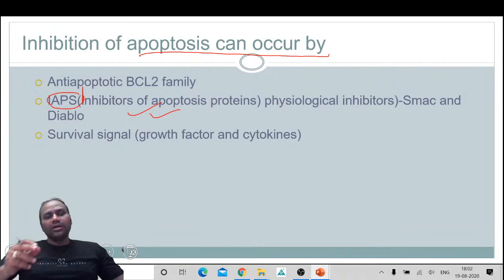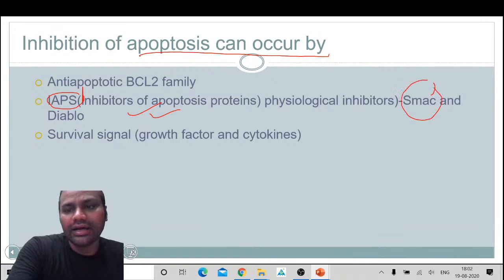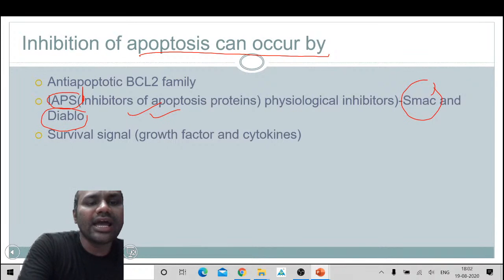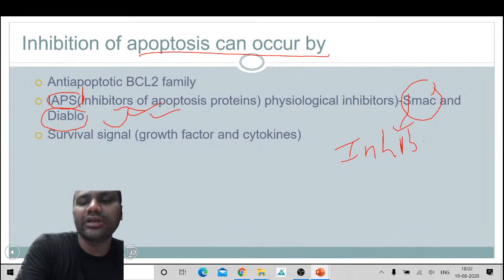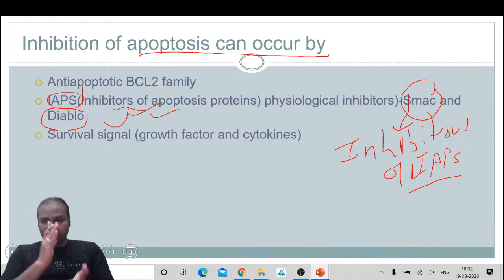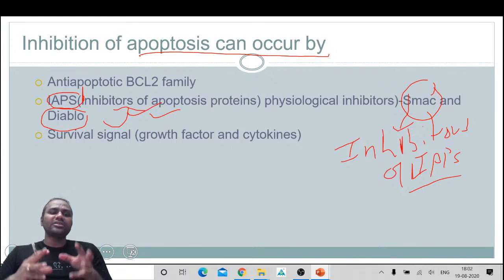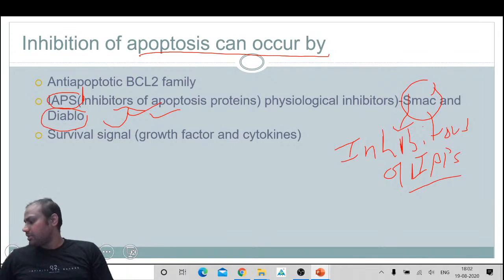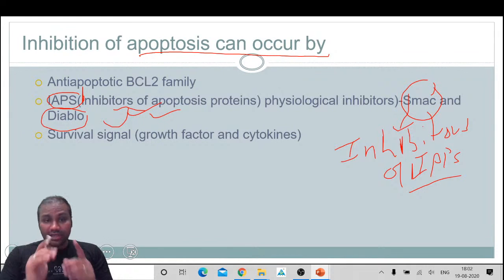Remember, SMAC and DIABLO are inhibitors of IAP. IAP is nothing but inhibitor of apoptosis.